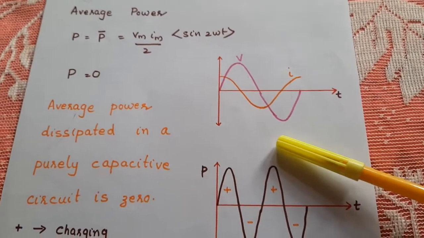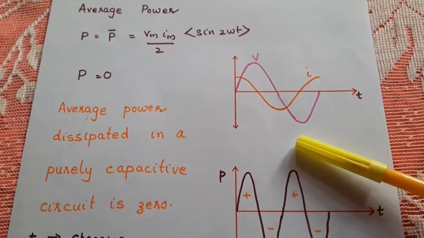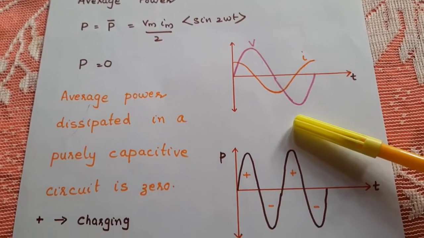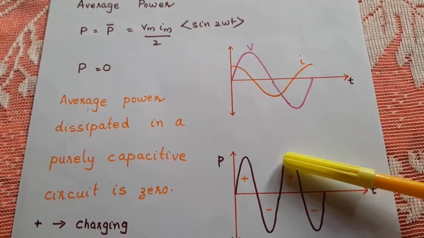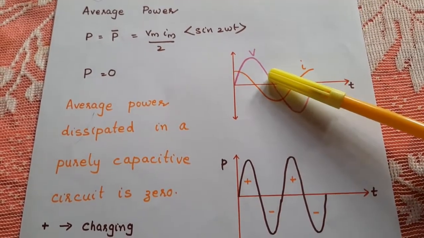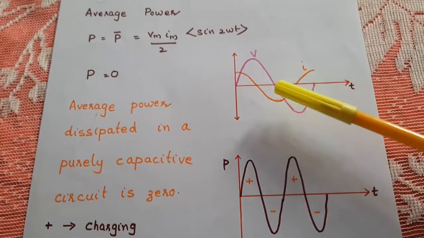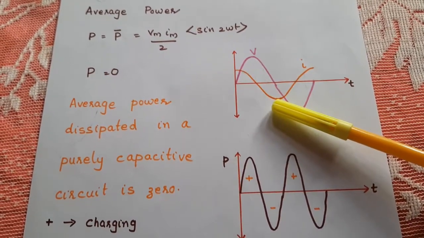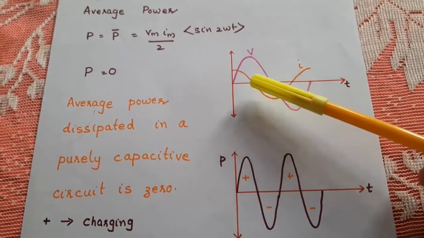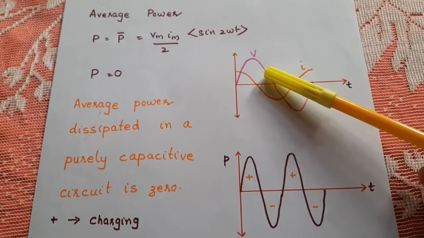Now let us see the graphical representation of voltage, current and power. Voltage varies as a sine curve, while current varies as a cos curve. Current leads the voltage by pi by 2.